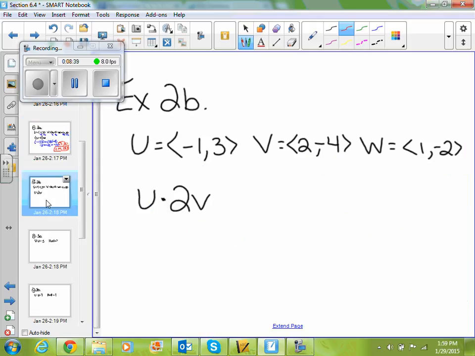Alright, if I look at 2b, I've got u equals negative 1, 3, v equals 2, negative 4, w equals 1, negative 2. So the same numbers from our last problem. Except this time I'm going to find u dot 2v. Well, since I'm only using u and v, I obviously don't even need w. I'm going to label this u1, u2, v1, v2.